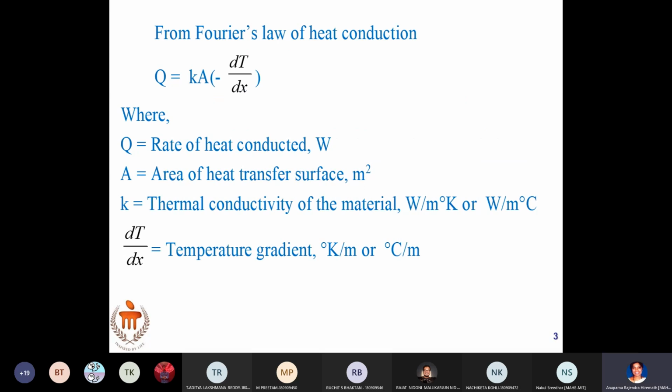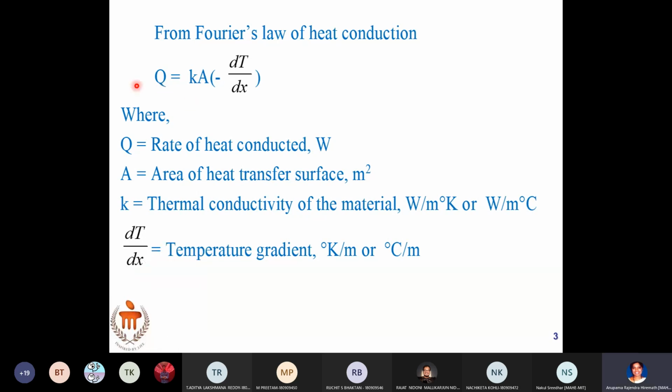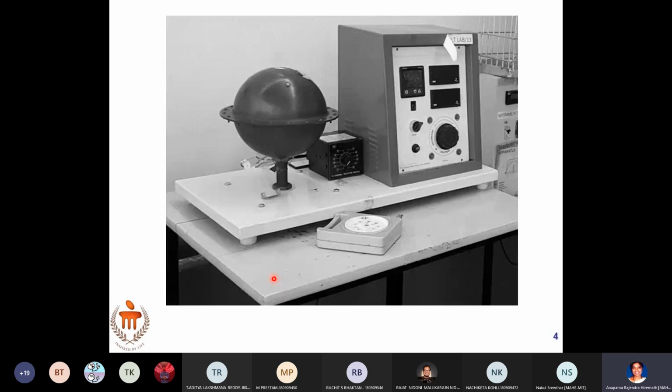So from Fourier's law of heat conduction, we have the equation Q equals kA times the temperature gradient, where Q is the rate of heat conducted, A is the area of the heat transfer surface, k is the thermal conductivity of the material, and dT by dx is the temperature gradient.